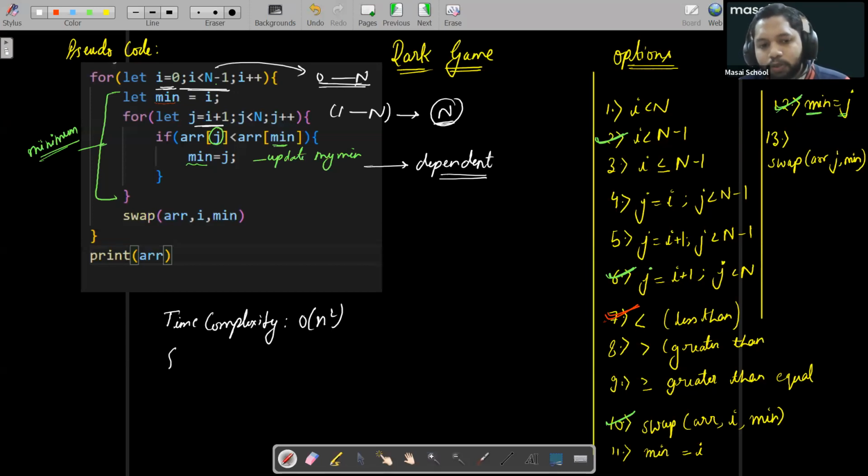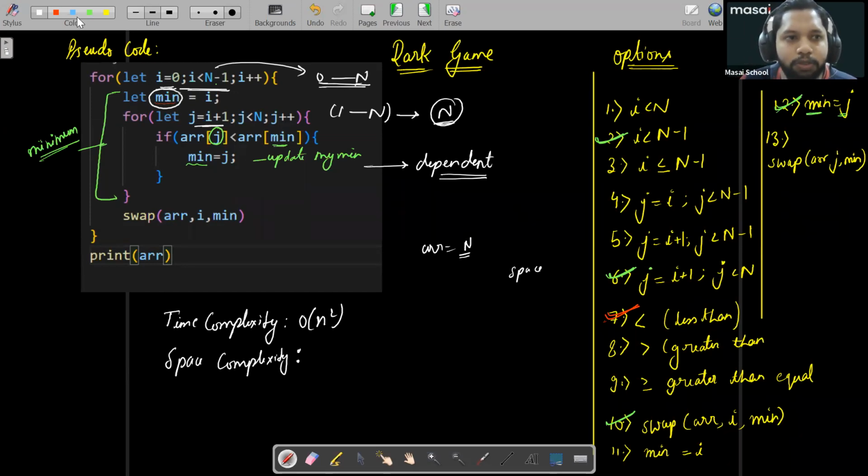And what about the space complexity? I will tell you how to check space complexity. I think most of you have doubt in space complexity. Simply see if your space is changing with the size of the input. Suppose this array is given of size n. Here you are storing some variables: minimum is one variable, i is one variable, and j is one variable.